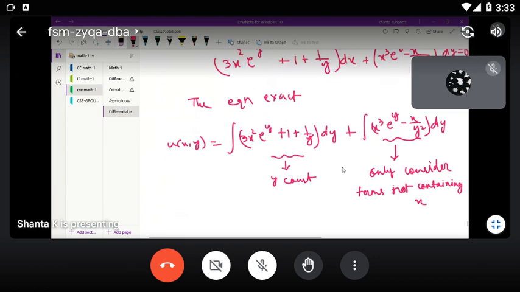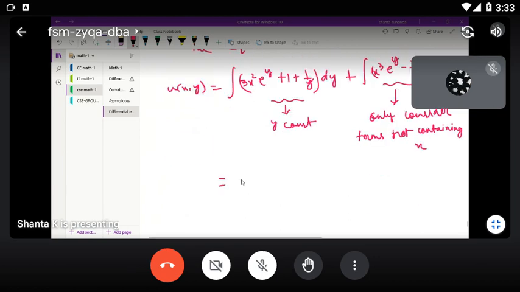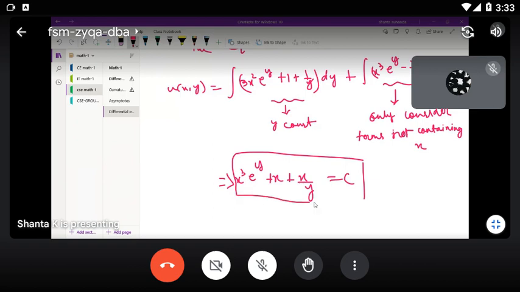But here every term contains x. So 3x² gives x³e^y, then 1 gives x, and x by y is constant. So this is your solution.